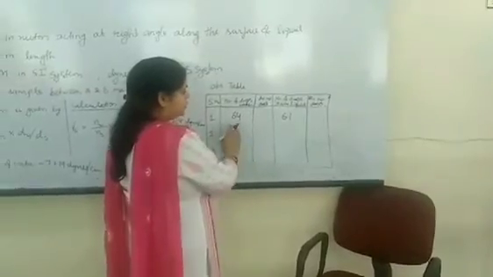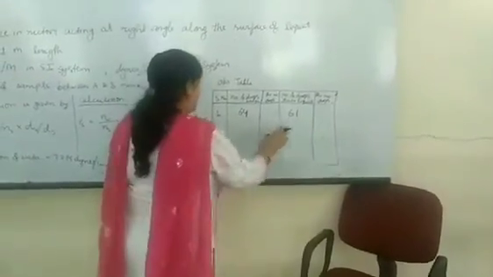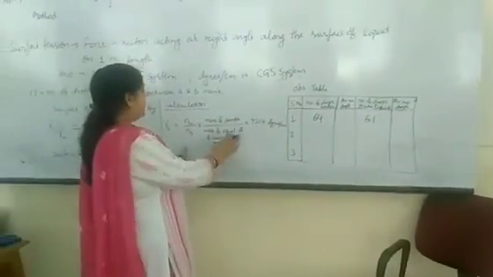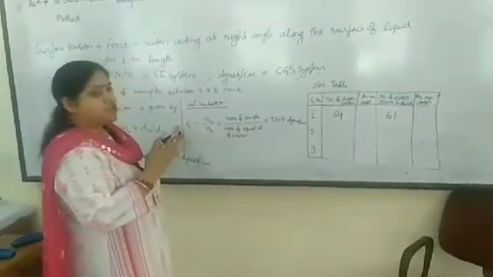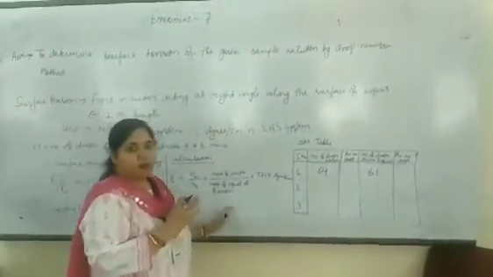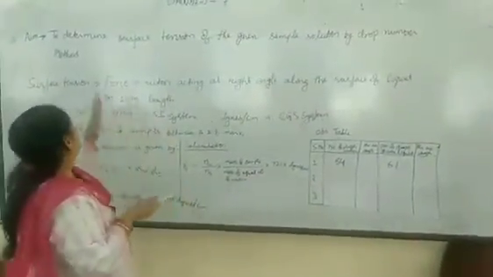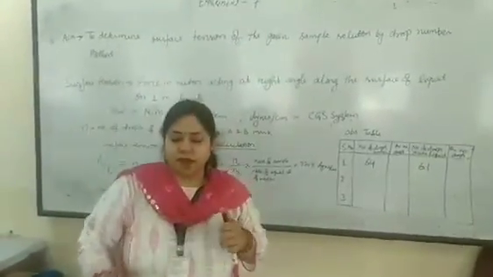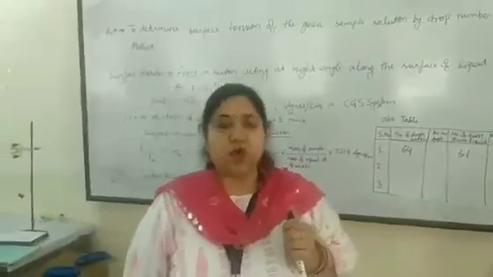For now, you just take these two readings and put the values into the formula, and then we calculate the surface tension of the sample. So this is all about the determination of surface tension of a given sample by using the drop count method.